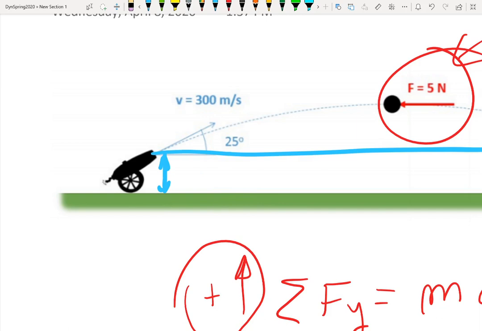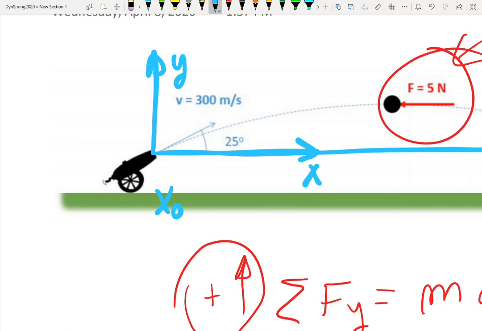So I'm going to assume this is 0 here. Put my coordinate system here, so x naught is equal to y naught equal to 0. From those pieces of information, you should be able to figure the rest of this out.